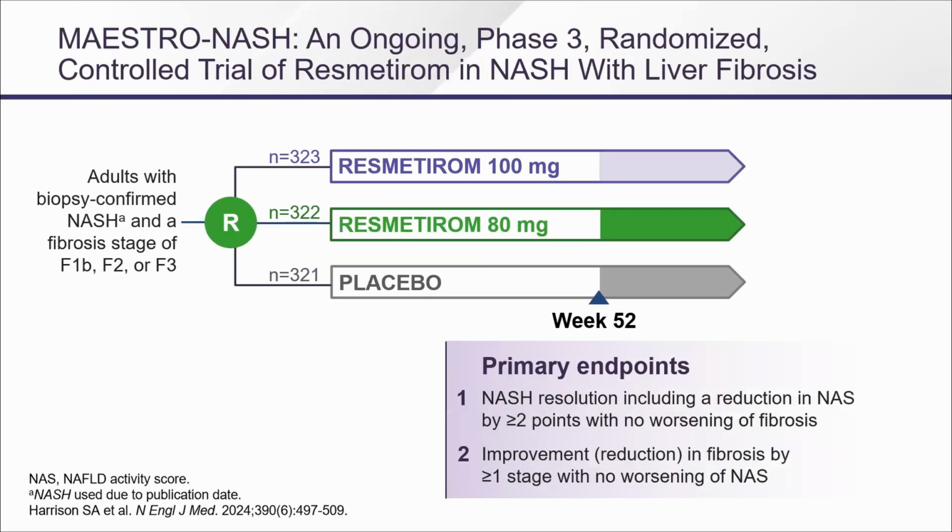So this was the Maestro NASH trial published in the New England Journal, 1:1:1, 2 doses of resmetirom and a dose of placebo. It was biopsy entry, biopsy conclusion, but the good thing is they had NITs at both beginning and end that we can now use to guide our clinical practice.